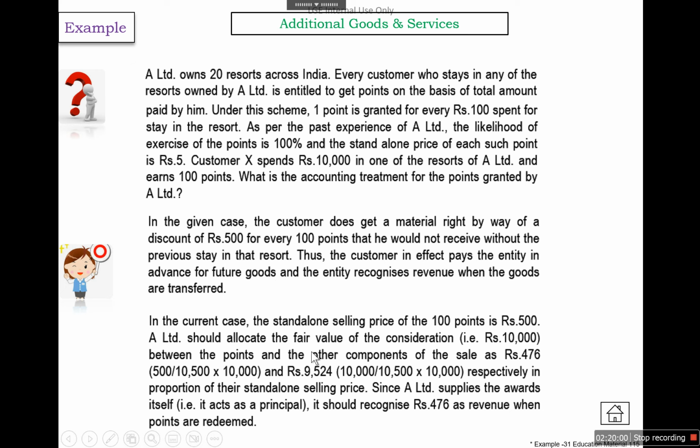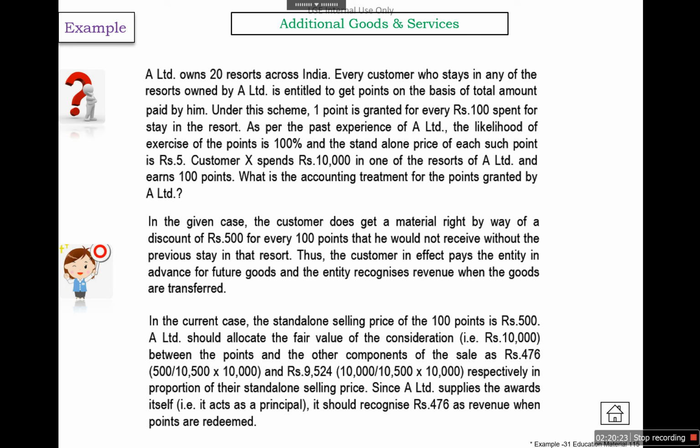So, in this case, the standalone selling price for 100 points is 500. A Limited should allocate the fair value of consideration, that is 10,000, between the points and the other component of the sale. So, it will be allocated between two performance obligations whose standalone selling price is 10,500.